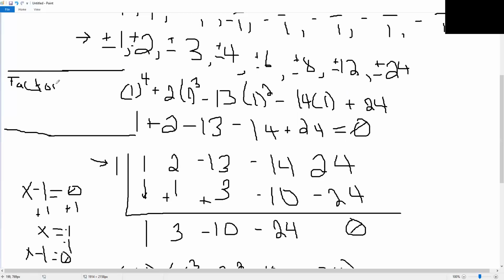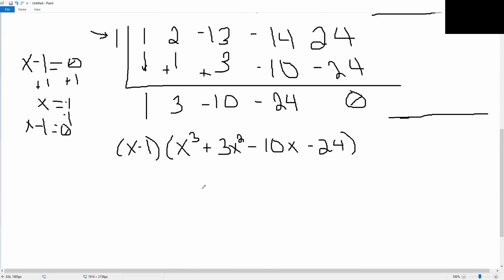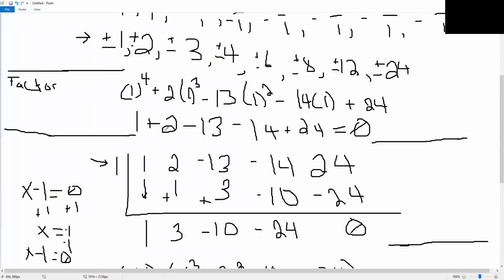We're going to do it again, and then we're going to use synthetic division, this section here. We'll use that to factor out further if and only if a 0 occurs on this 2 right here.